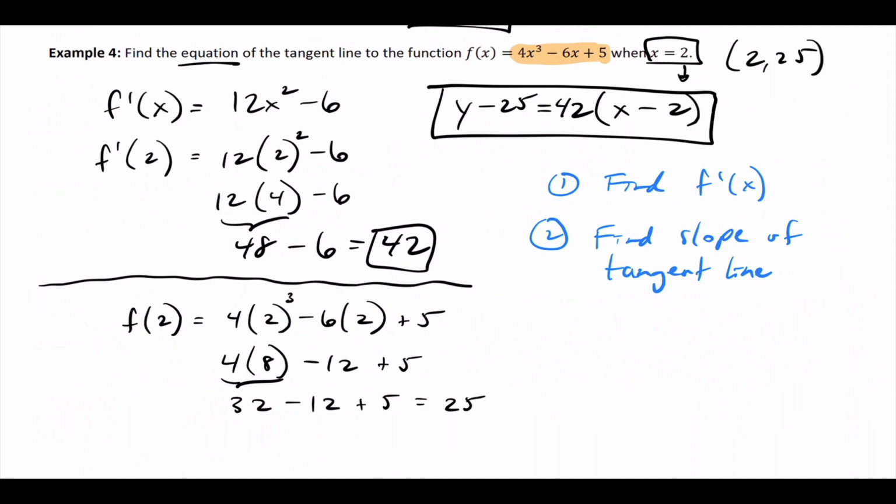Find the slope of the tangent line. Use y minus y1 equals m times x minus x1. And you're done.